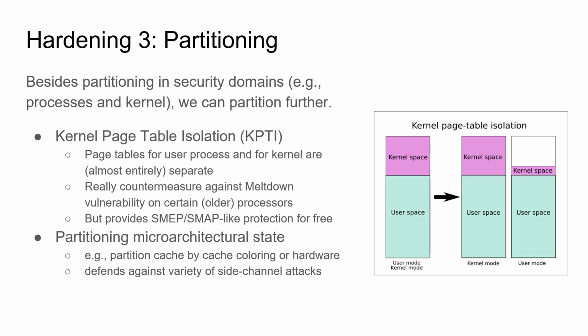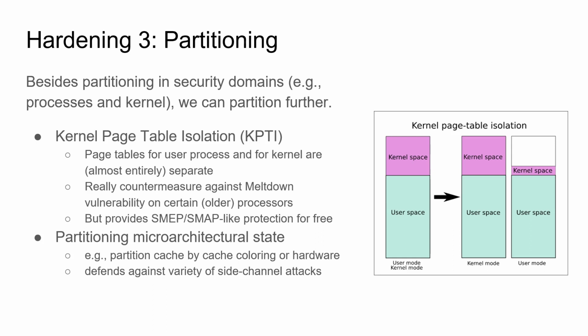Now, why is that bad? Well, it's much less efficient, right? So the reason why the kernel was mapped in the first place was that this was a much more efficient way of doing this, because your system call became more efficient, right? So if you trap into the kernel, you no longer needed to do a full context switch and change the page tables to the kernel's page tables, because you already had the kernel page tables in the same address space.